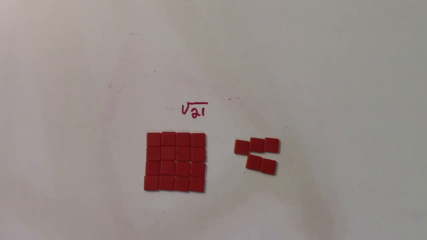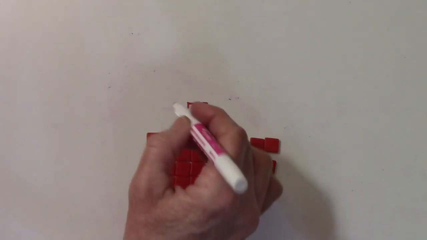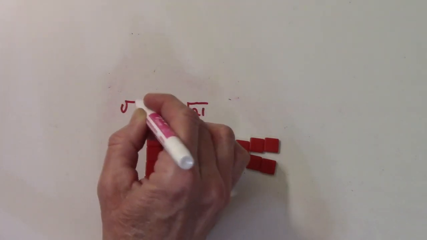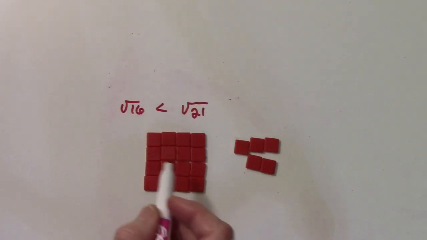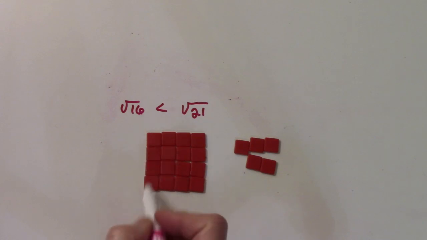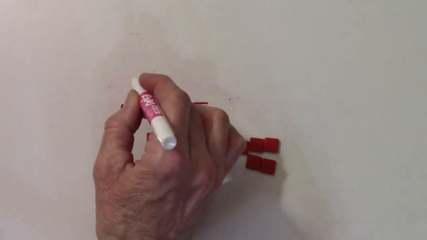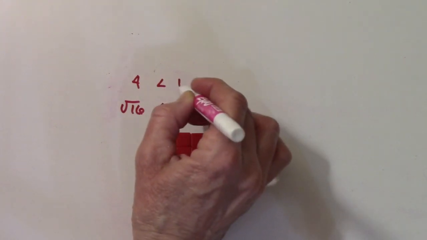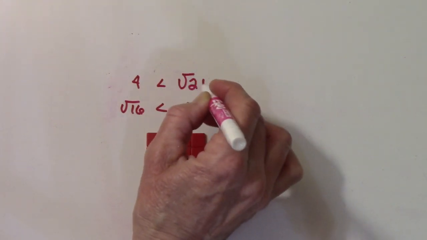So the square root of 21 is going to be more than the square root of 16, and with my 16 tiles, the length of the side is 4. So I know that 4 is less than the square root of 21.